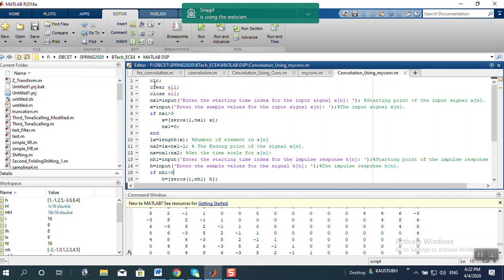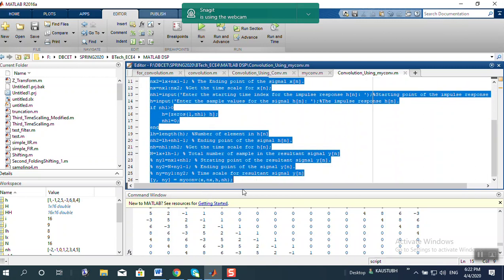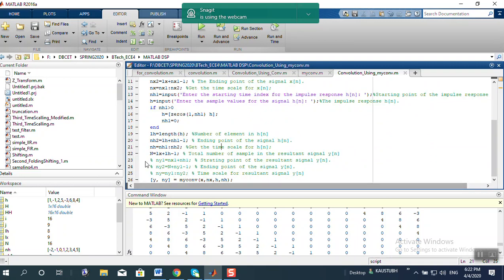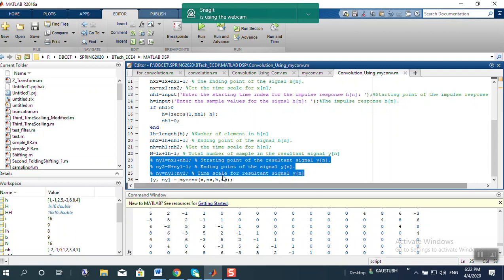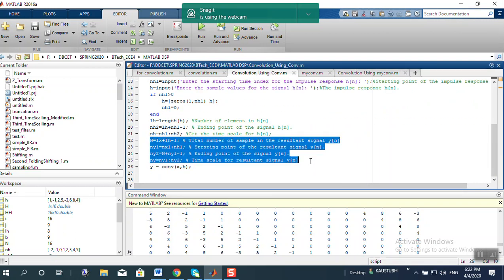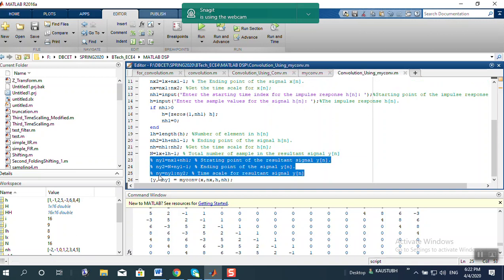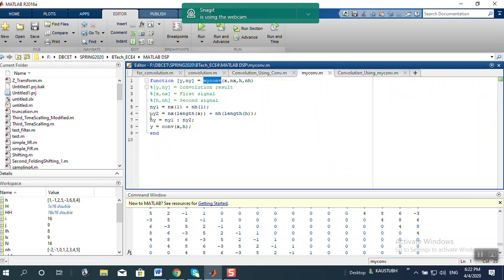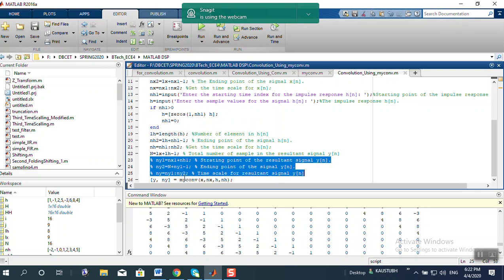Again, up till this is the same as the previous one. Now this part is not required, and this n is also not required. This part was required while using conv, but here, since the ny part gets calculated within this function, and I am calling this function in this program, this part is not required.